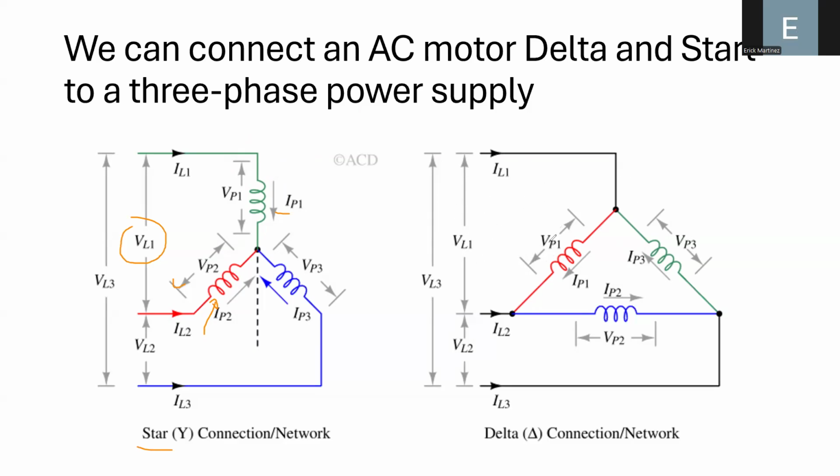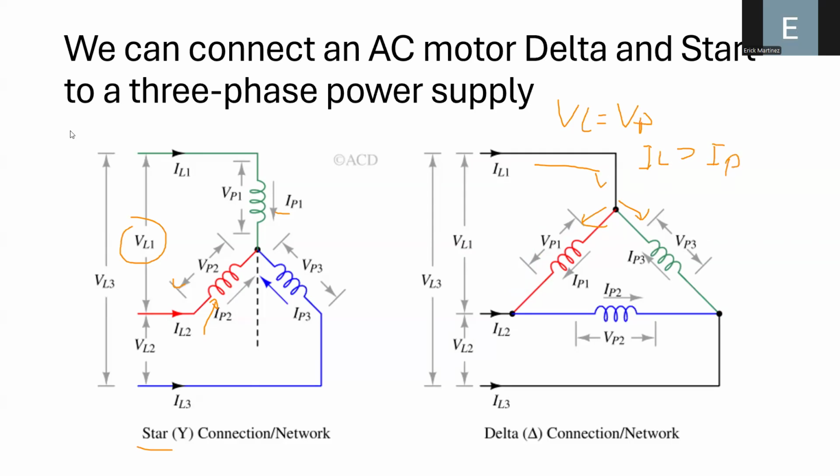If you analyze this loop, you can see that the voltage of the line is equal to the voltage of the phase. But another thing to consider is that the line current is split between this phase and this phase. So the line current is higher compared to the phase current.